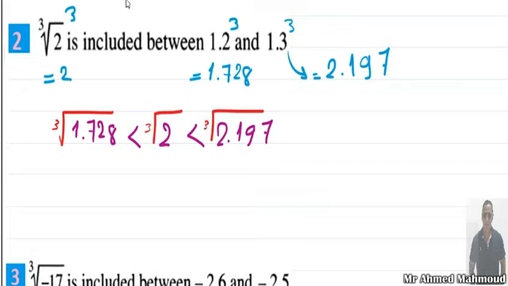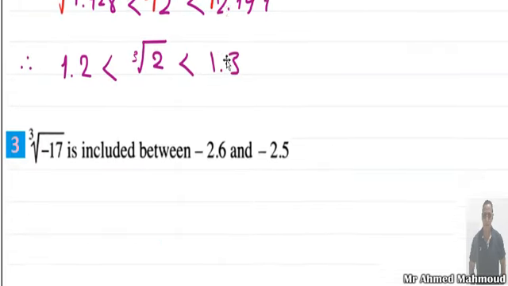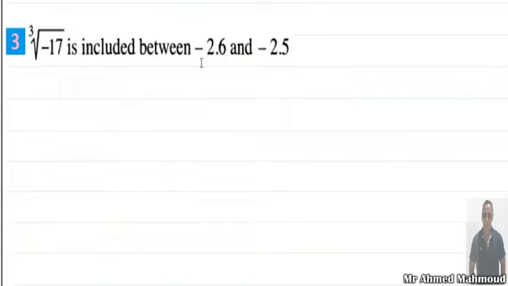Therefore, 1.2 less than cubic root 2 less than 1.3, as he asked us to prove. The next one, prove that cubic root negative 17 is between those two numbers.